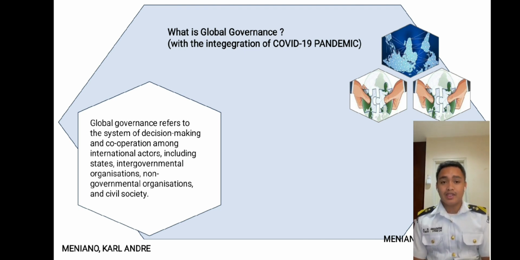What this means is that global governance helps us decide on helping a society or a country, not only in the private sector but also in the public sector, to improve or to give the best result for our problem.